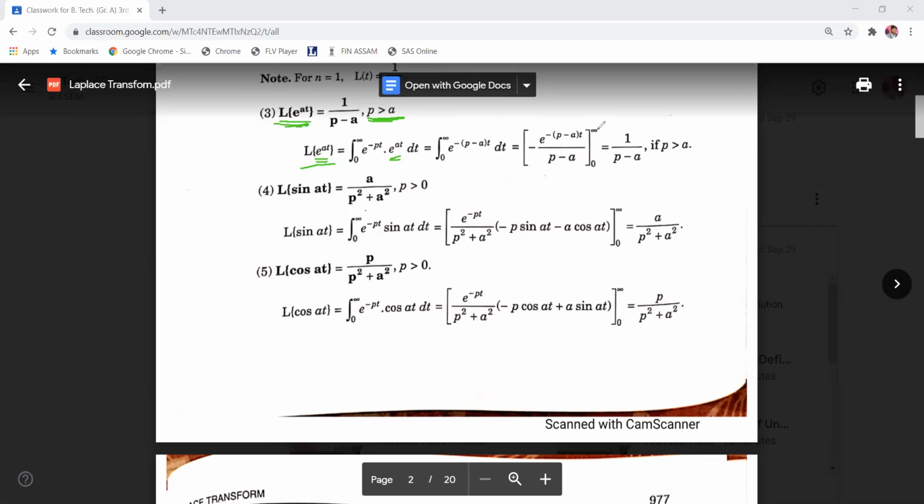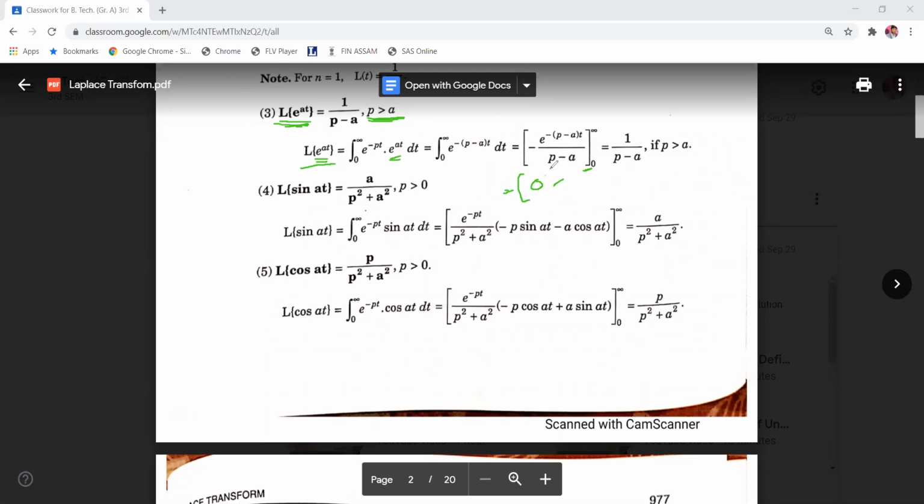Now put the limits of integration. If you put infinity, this becomes e to the power minus infinity, so the first part becomes 0. I'm taking the minus outside. Then it is upper limit minus lower limit.